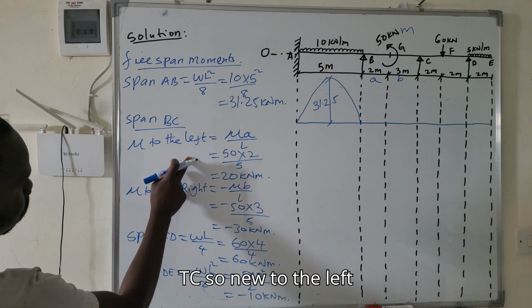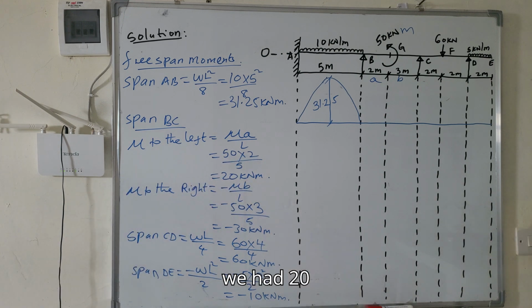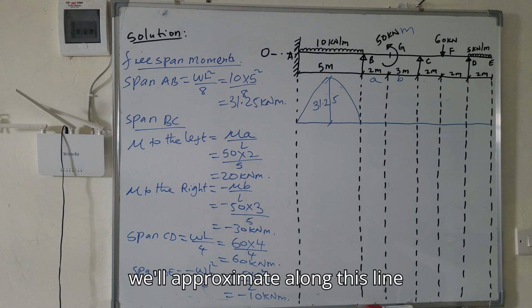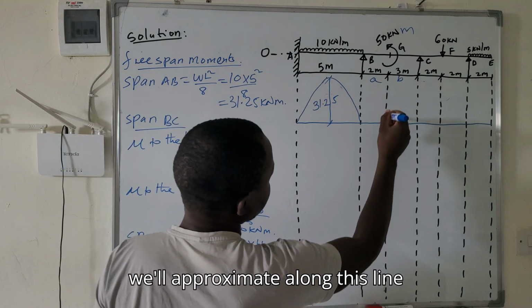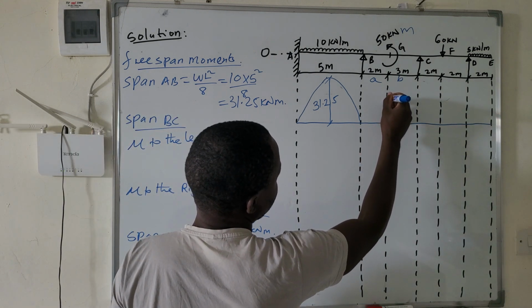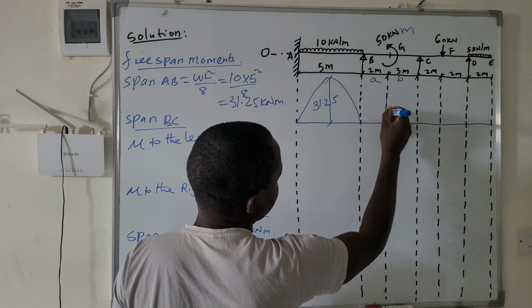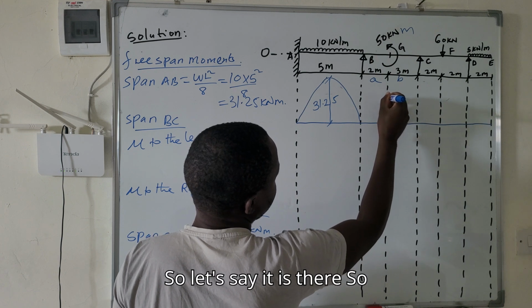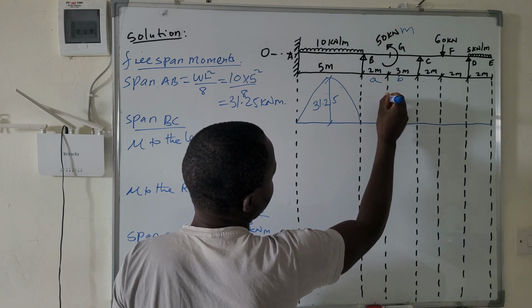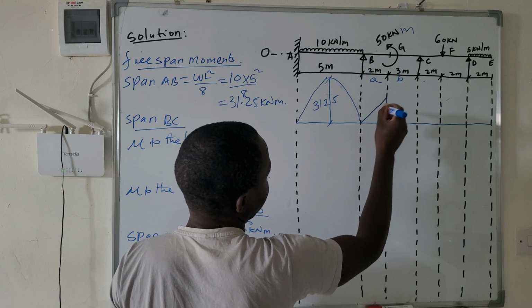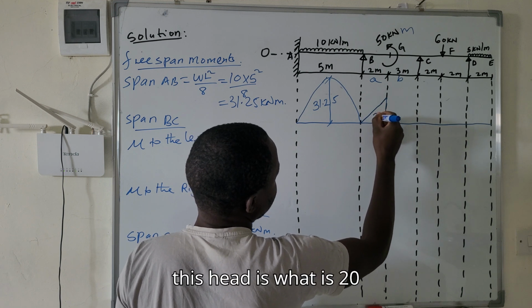So for the moment to the left, we had 20 kilonewton meter. We'll approximate along this line. So let's say 20 is there. This H is 20.